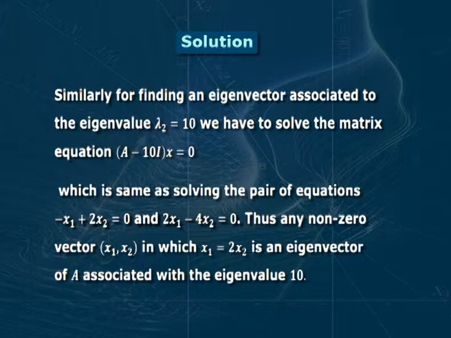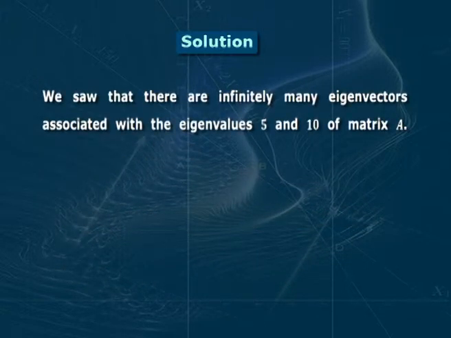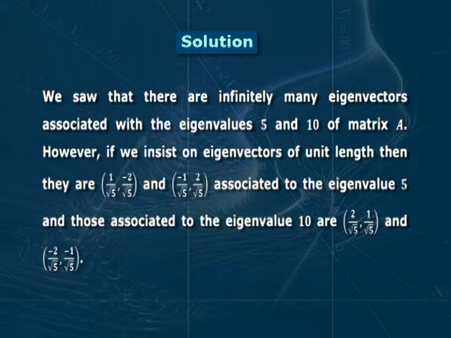the eigenvalue 10. We saw that there are infinitely many eigenvectors associated with the eigenvalues 5 and 10 of matrix A. However, if we insist on eigenvectors of unit length, then they are (1/root 5, minus 2/root 5) and (minus 1/root 5, 2/root 5) associated to the eigenvalue 5, and those associated to the eigenvalue 10 are (2/root 5, 1/root 5) and (minus 2/root 5, minus 1/root 5).